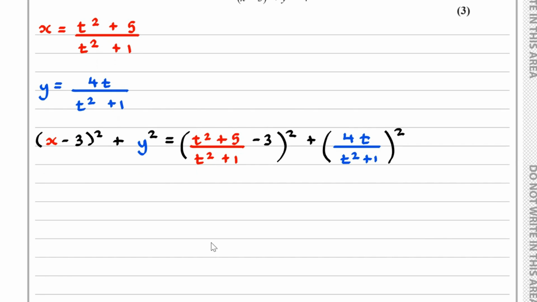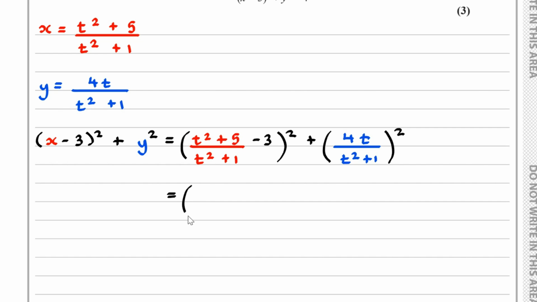Now we need to tidy all of this up. One way in which we can do this is to rewrite so we've got common denominators.